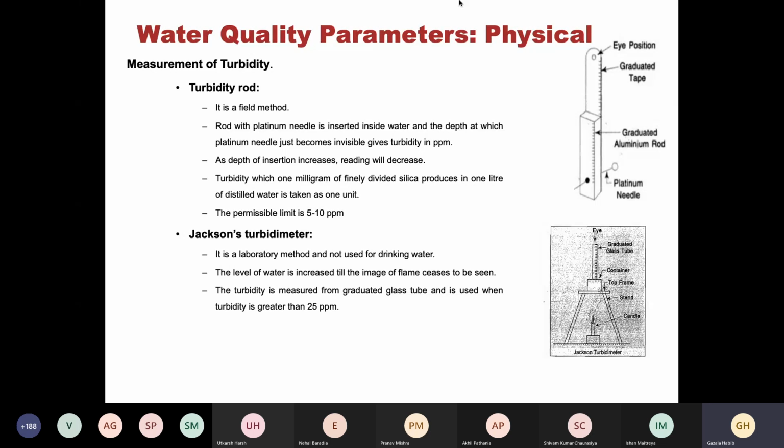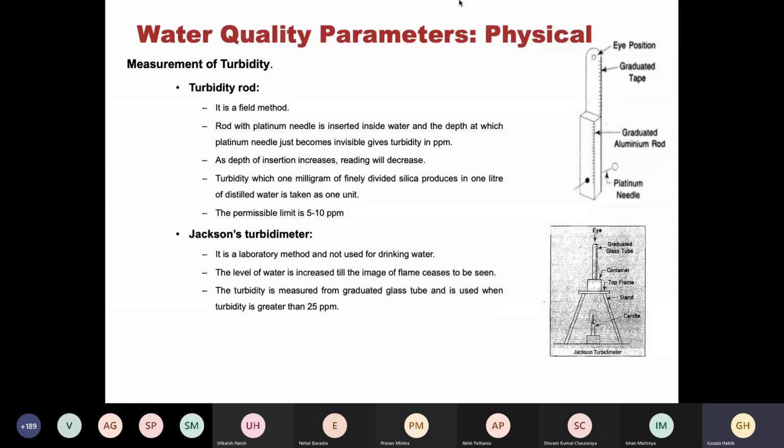If water is clear, then at a higher distance the needle will be invisible. So the ppm at the top of the scale will be low, and it gradually increases towards the bottom. The Jackson turbidity meter is a device which works on light scattering. A candle is placed below the meter, and the transmission of light through a water column is observed.